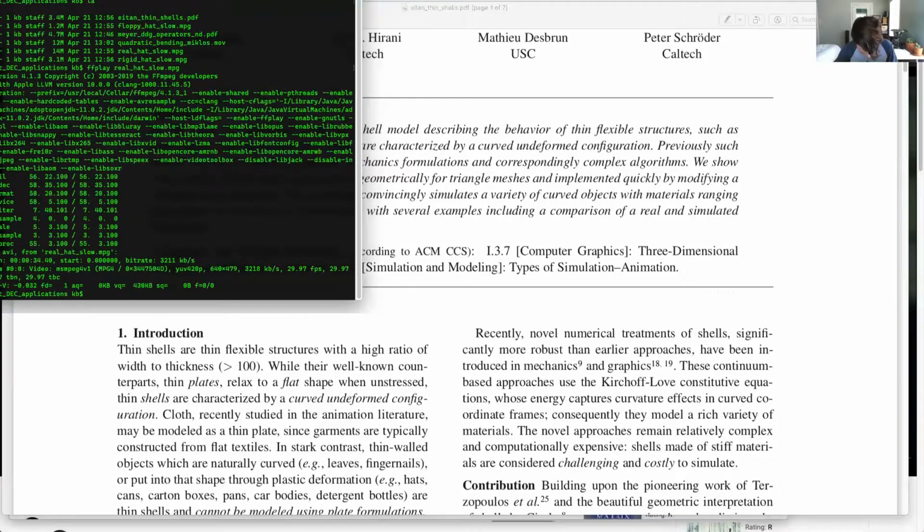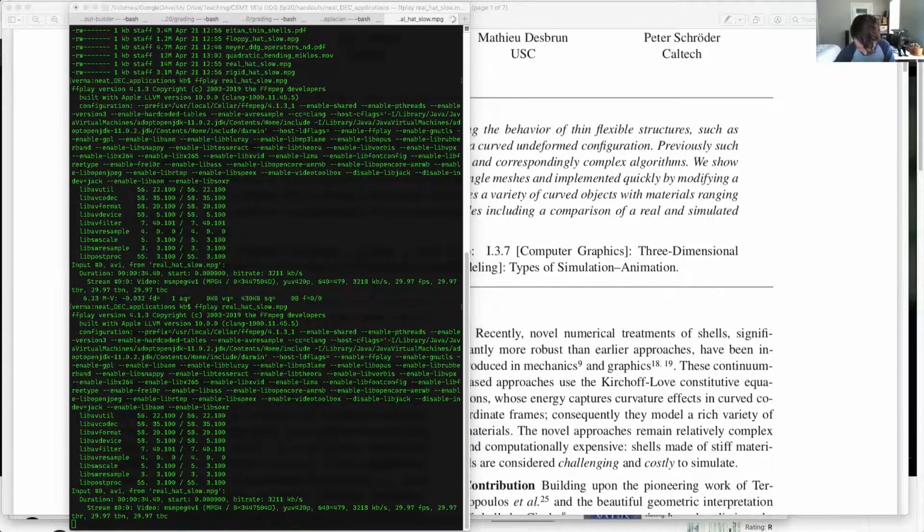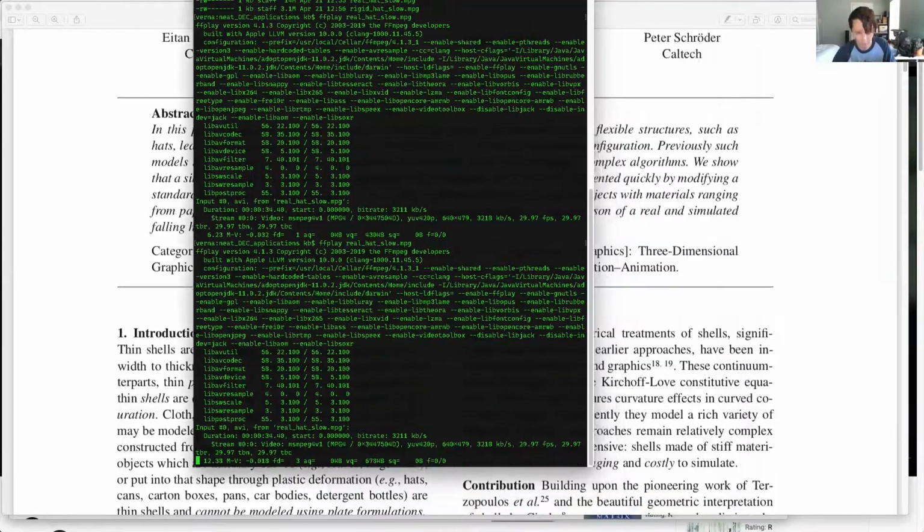Here, let me see. Okay, so we're going to look at, where are you, my little baby? I want to show you a hat. It's a very important hat.